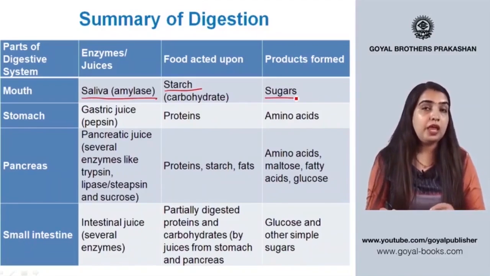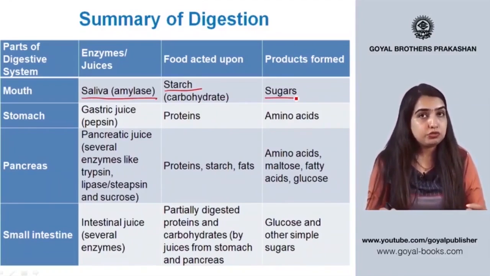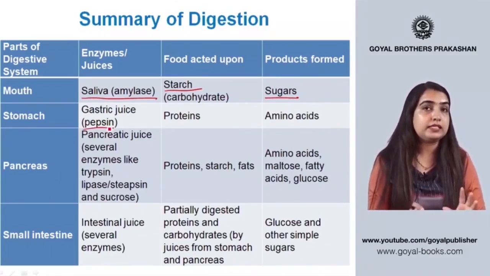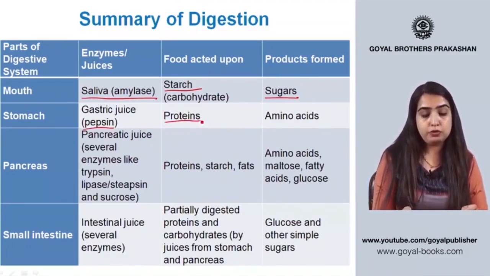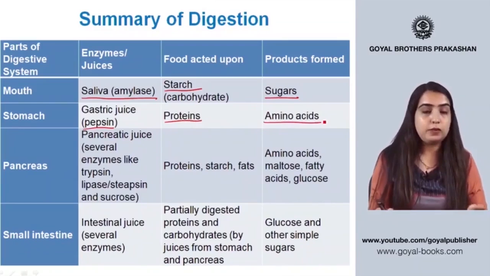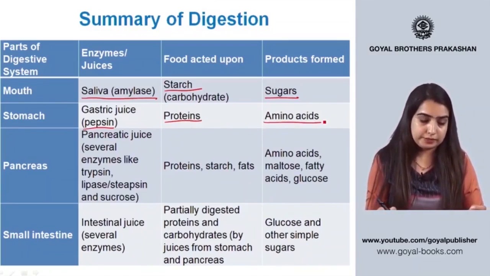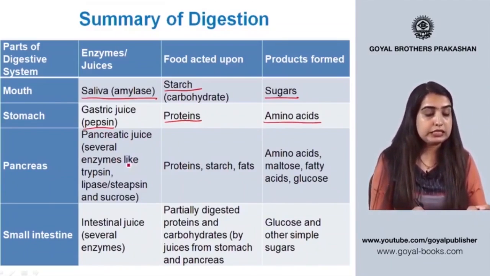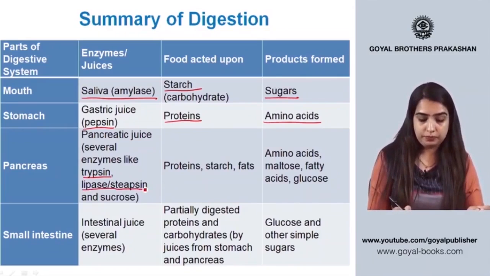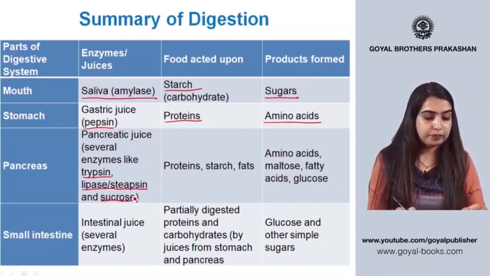In the stomach, it secretes gastric juice, that is pepsin. The enzyme pepsin is present in that, and pepsin acts upon proteins, thereby converting them into amino acids. In the pancreas, several enzymes are secreted, for instance trypsin, lipase, and sucrase.